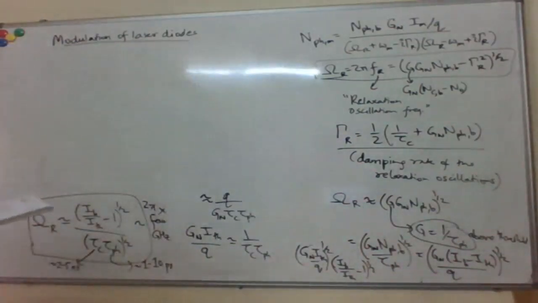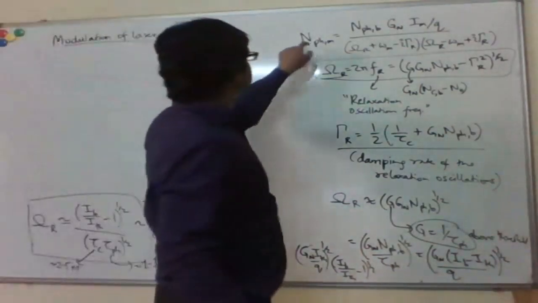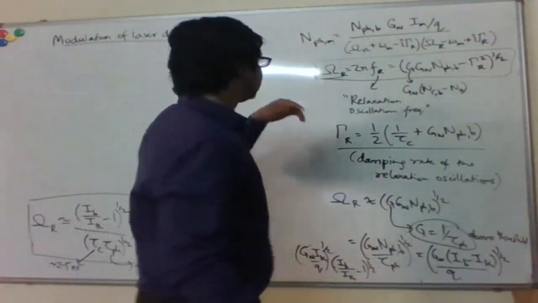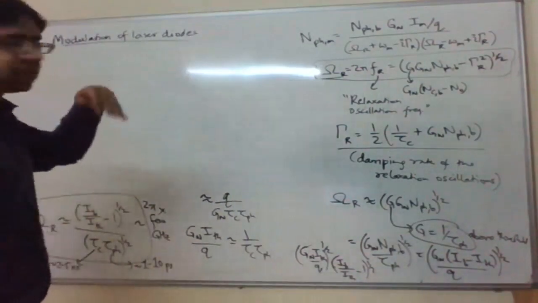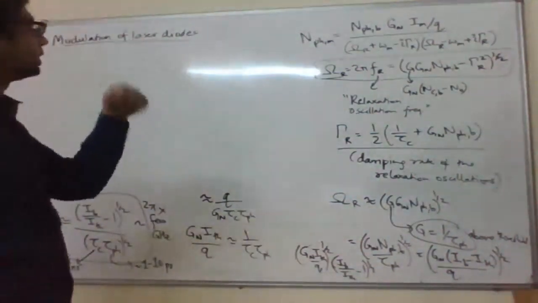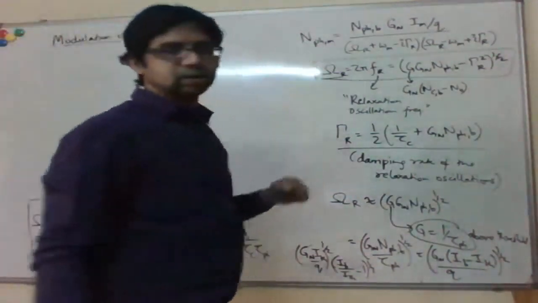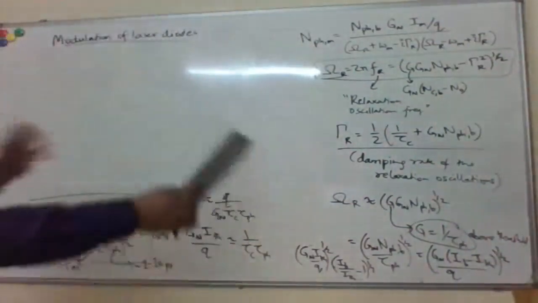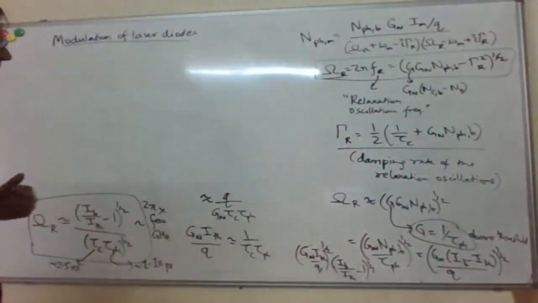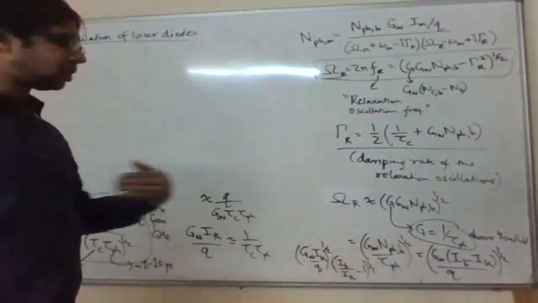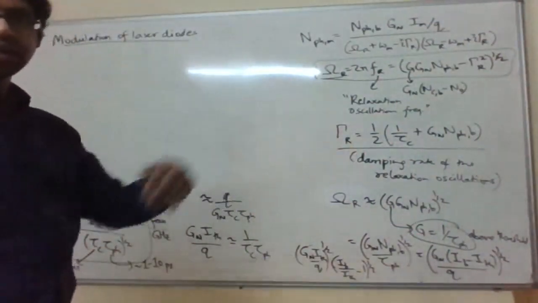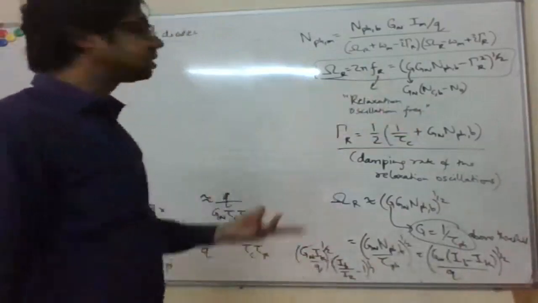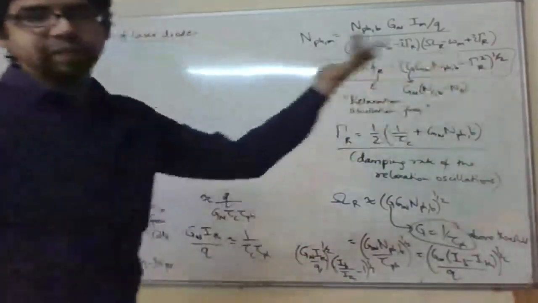Okay, so now we can define, so we have this AC part of the photon number, right? And then this, I just erased it. So the AC part optical power is again just proportional to this time varying photon, right? Just like the DC part, we calculated the number of photons in the laser cavity, and then we multiplied by some constants depending on the mirror reflectivity, etc., to get the power coming out. Same case here, we multiply by the same constants to get the AC power coming out, right?